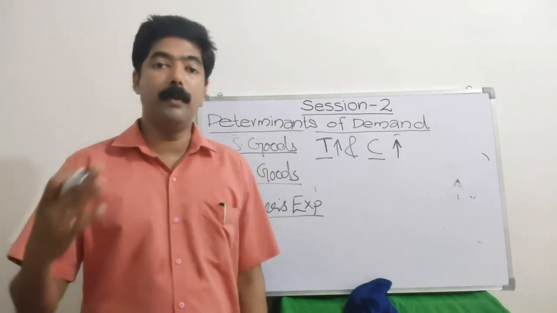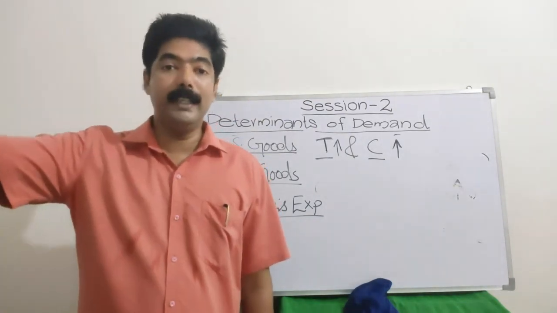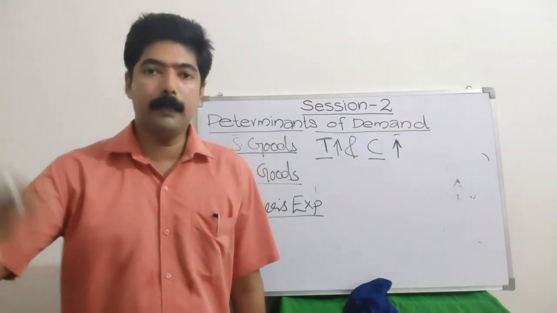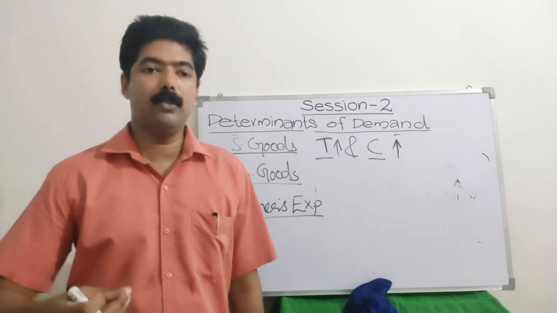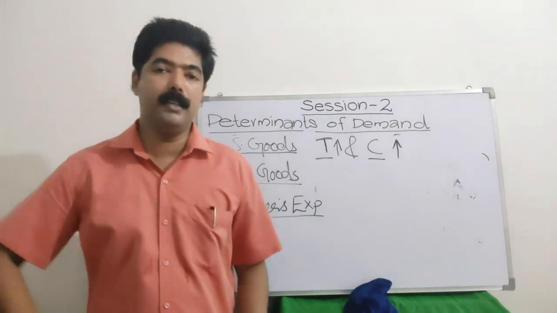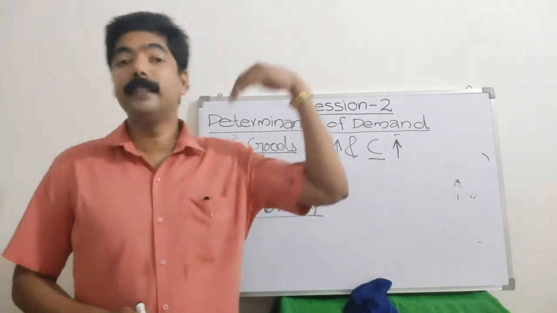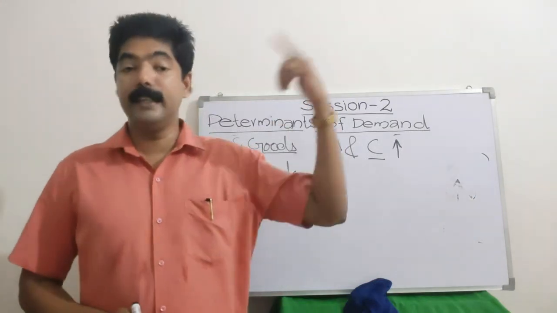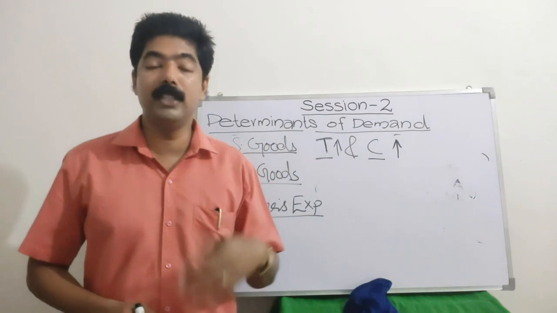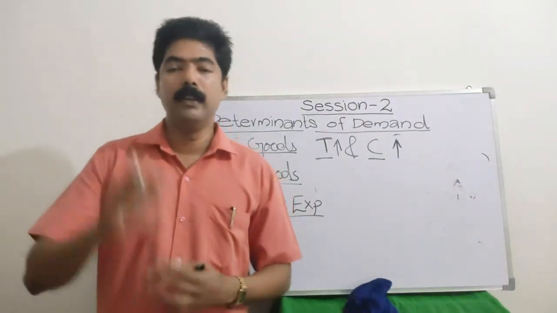Or else, if I come to know that the price of those commodities is going to increase in future, I must purchase some of the commodities today itself. Otherwise the price increases in future, and my demand decreases. This way consumers' expectations determine the demand of a commodity.